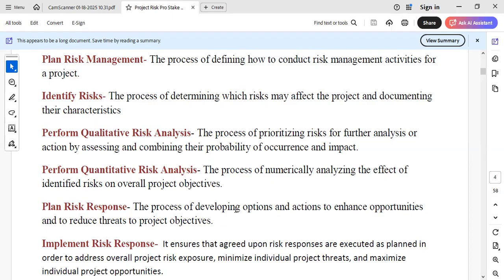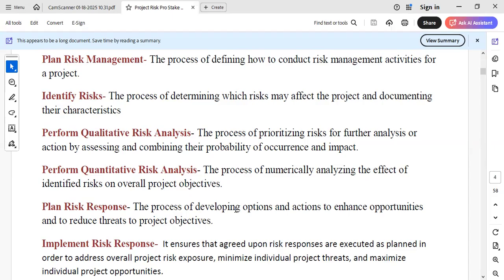What will be the impact? That is qualitative. That is a combination of two factors, probability times impact. Impact is like how much would they take out of our pocket if they may occur? How much would they bring into our pocket if they may occur? And their likelihood of occurrence. That is to perform qualitative risk analysis.